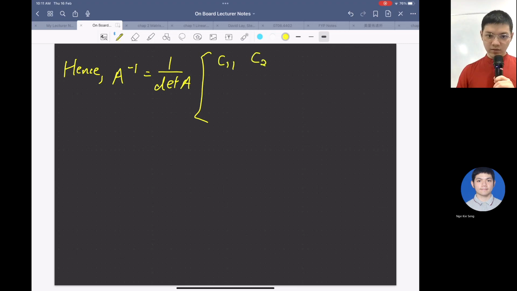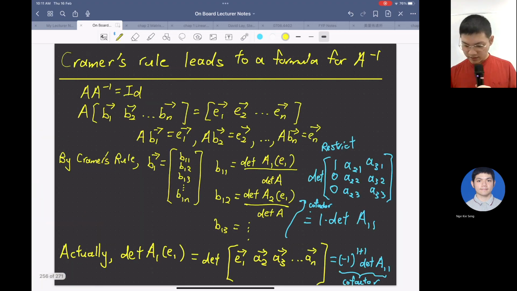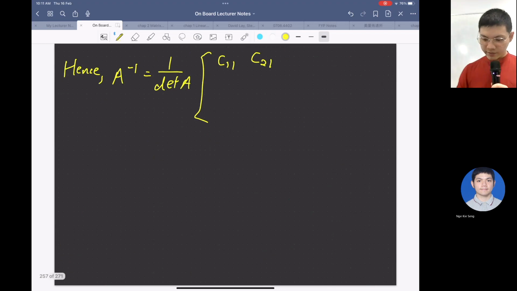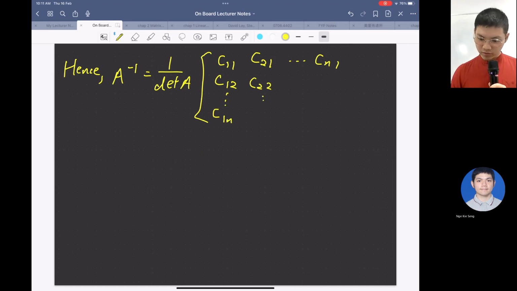C11, C21. I should name it as C11 first, and we'll write it down. C11, C21, CN1, C12, dot, C1N, C22, C2N.